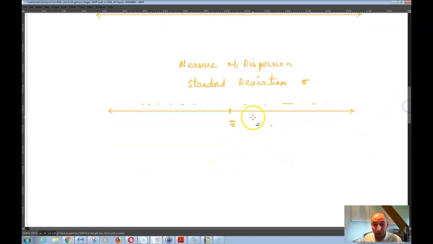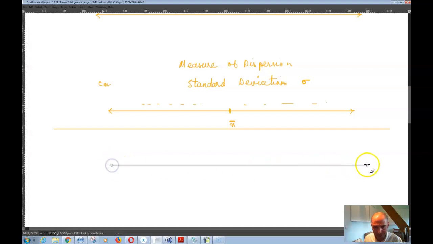Now, suppose that you have another series, and suppose that the unit used for this particular study is centimeters. And I happen to have another series, something like this, and the unit over here is again the same unit, centimeters.